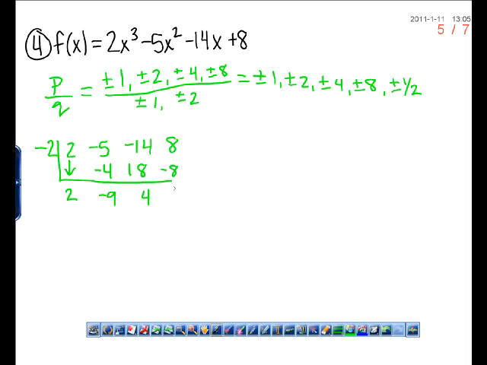So is -2 a root? Yeah. -2 is, in fact, a root.